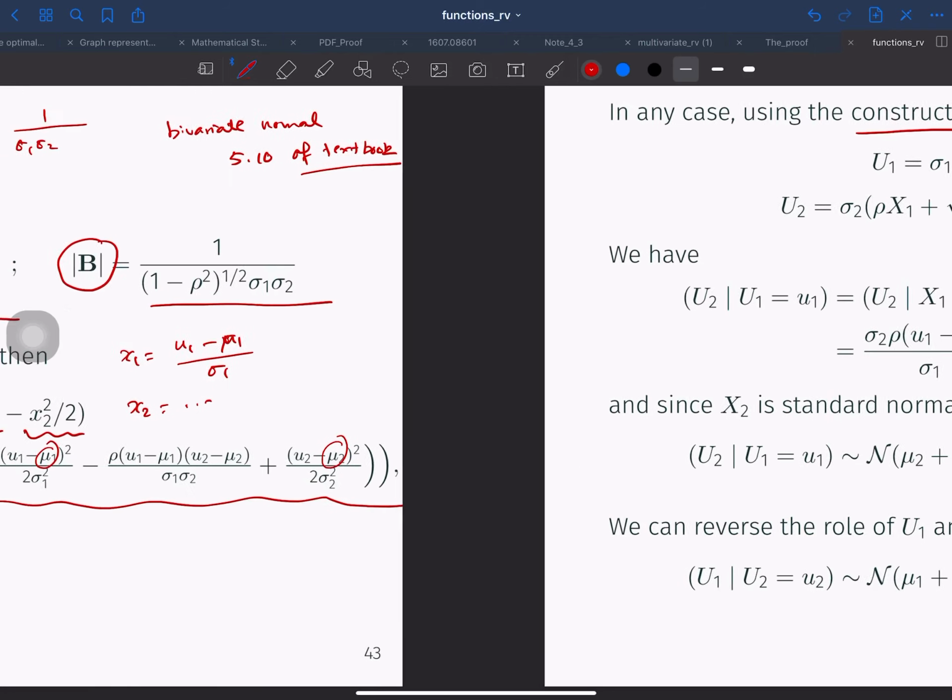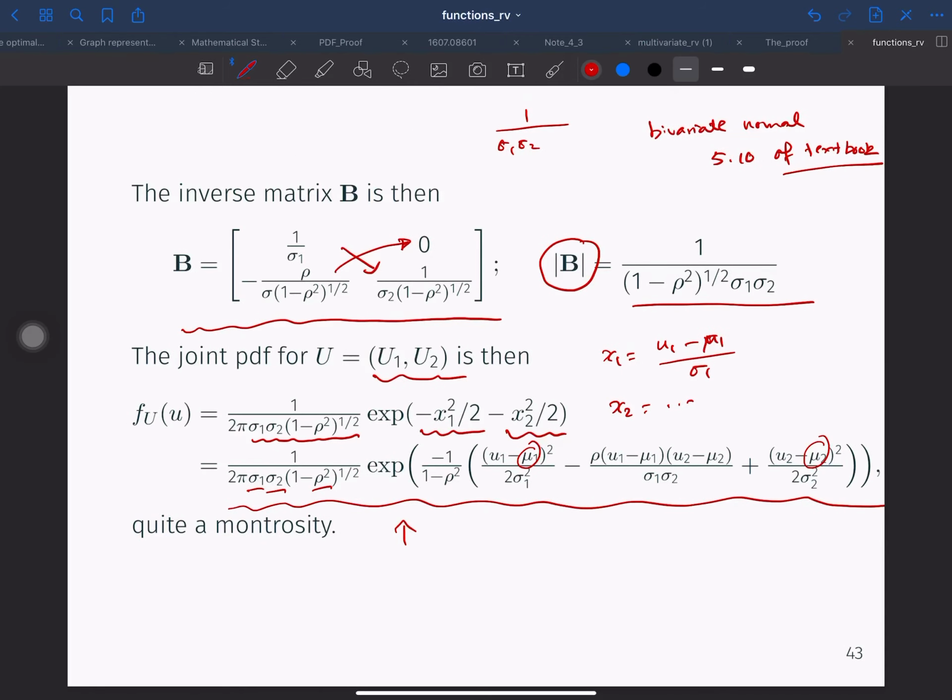If you base it on this PDF and you want to get the marginal of U1, then you have to integrate the joint PDF f of U1, U2 with respect to U2 from minus infinity to infinity. And that doesn't seem like something that you want to do in your spare time.